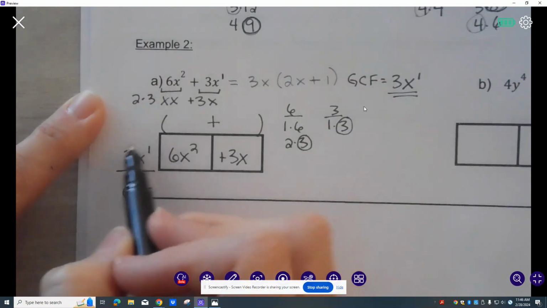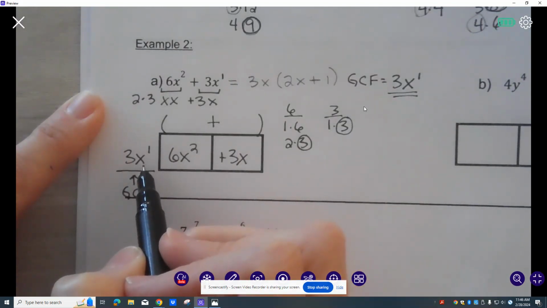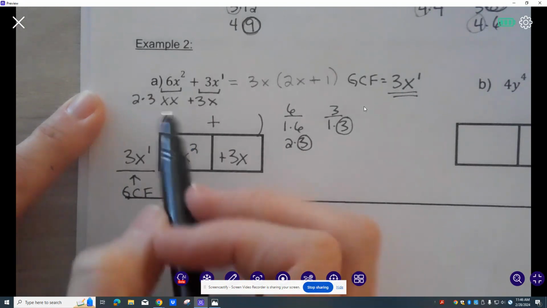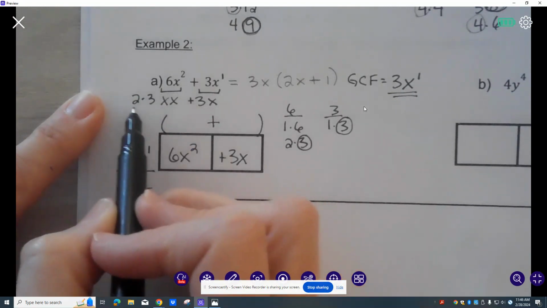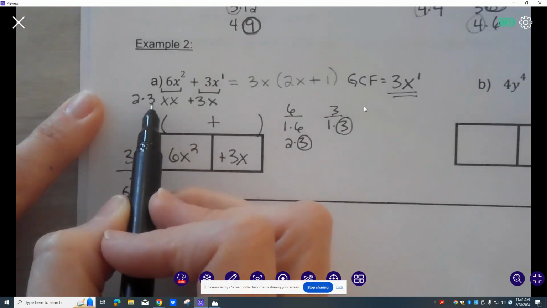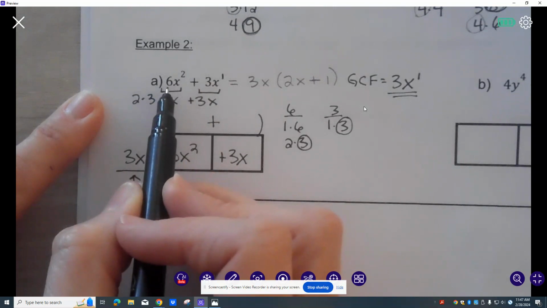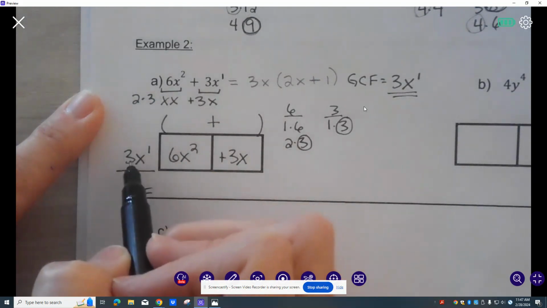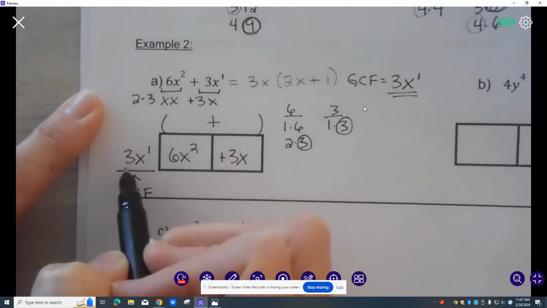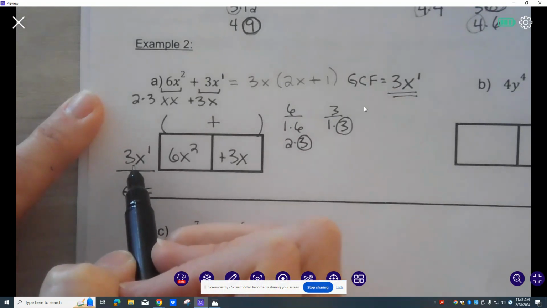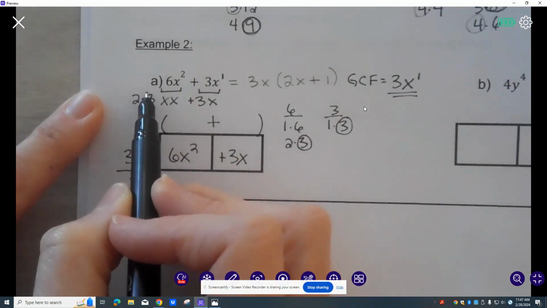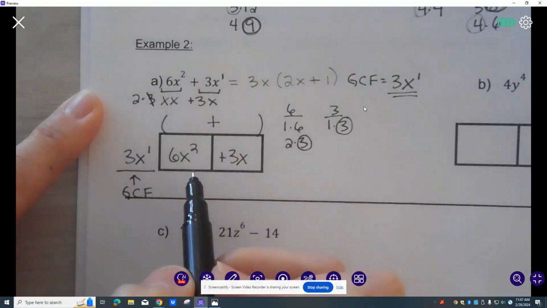So factoring out is the same as dividing. You can think I'm taking this 6x squared, which I've written as 2 times 3x and x. That's the same as 6x squared. And I'm dividing by a 3x. So if I'm dividing this by a 3, I'm taking out a 3.